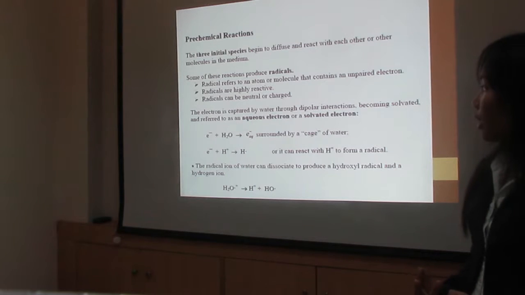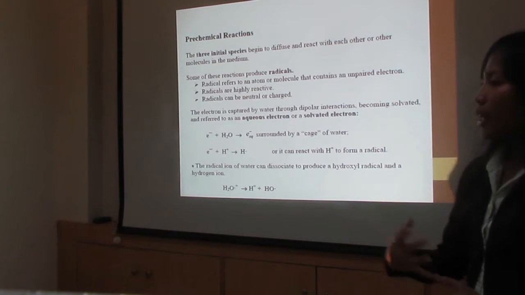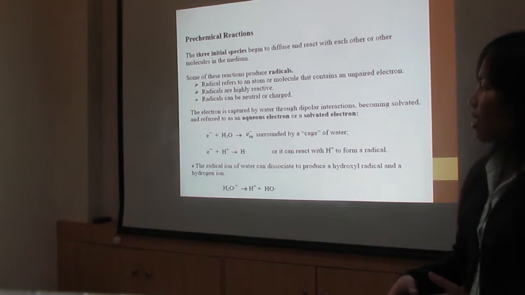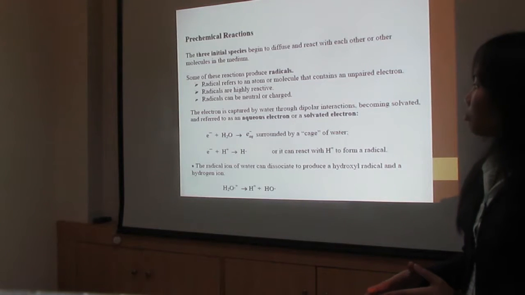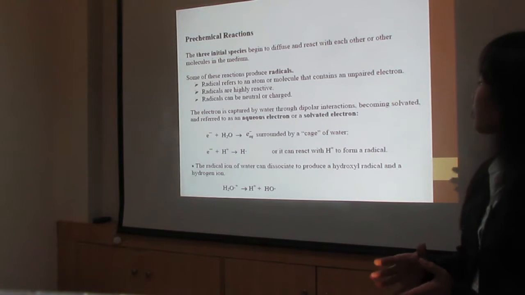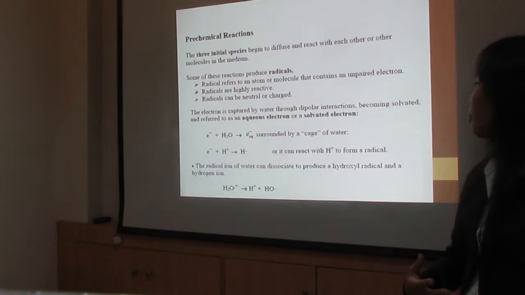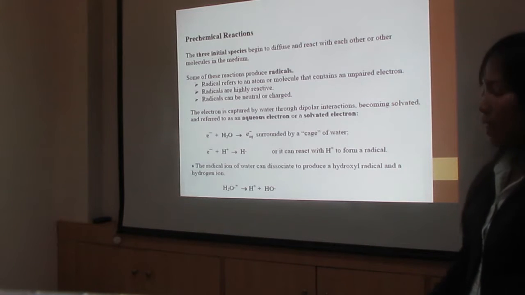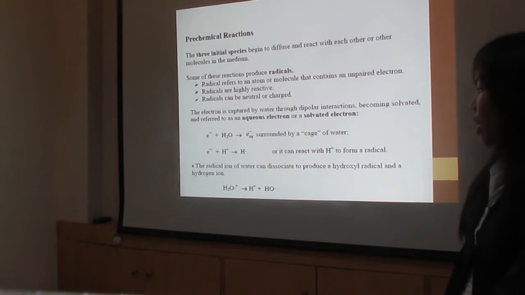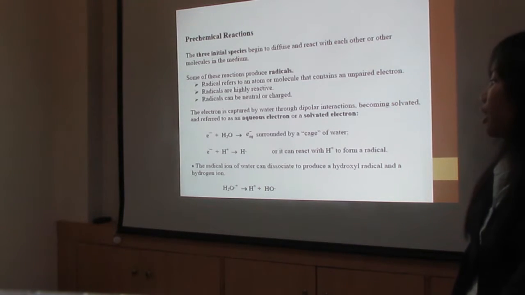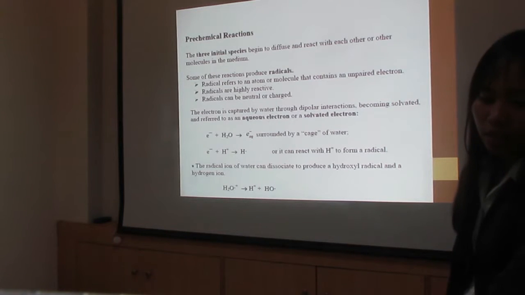The solvated electron plus water produces an aqueous electron that can react with hydrogen to form a radical. The radical ion of water can dissociate to produce a hydroxyl radical and a hydrogen ion.